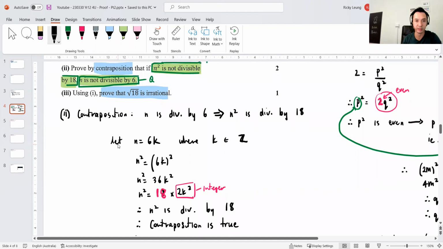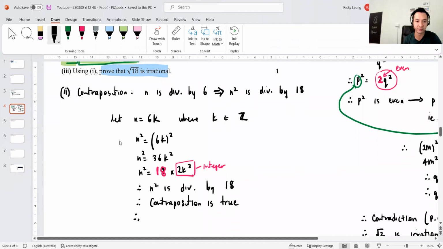Now let's repeat. Therefore, if n squared is not divisible by 18, then n is not divisible by 6.